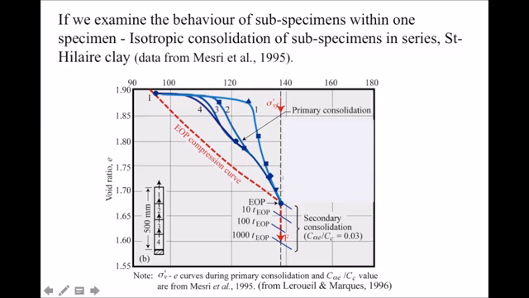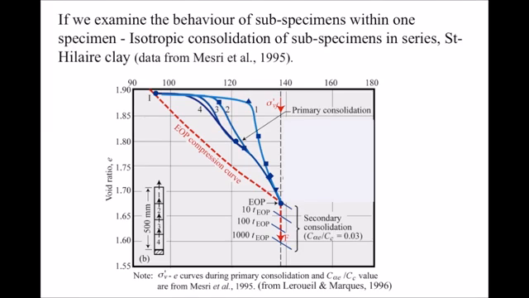So the fact is that the subspecimens in one specimen are not following the same stress-strain curve because of strain rate. And we could add that the end of primary compression curve, which joins this point and this one, is unknown from the soil itself.